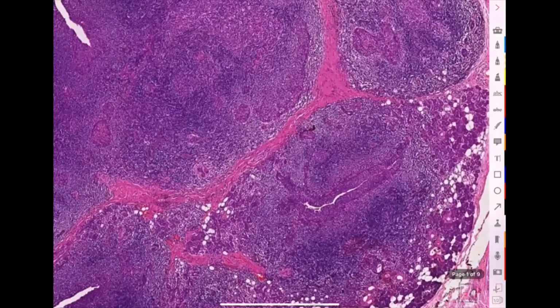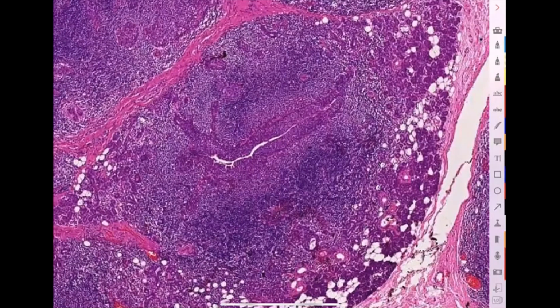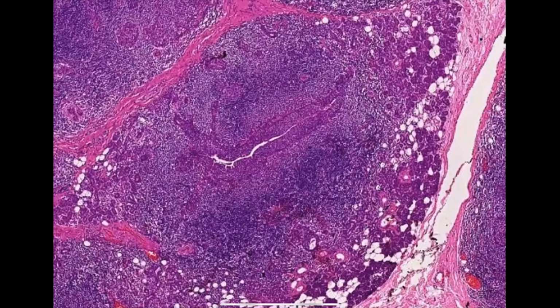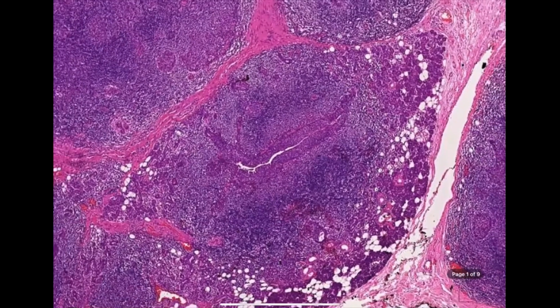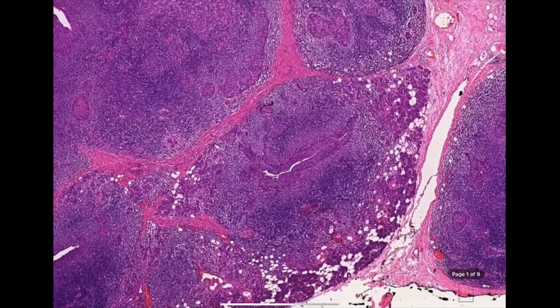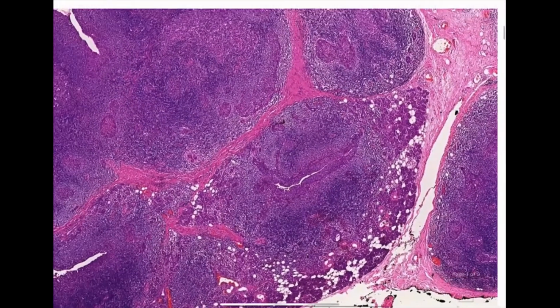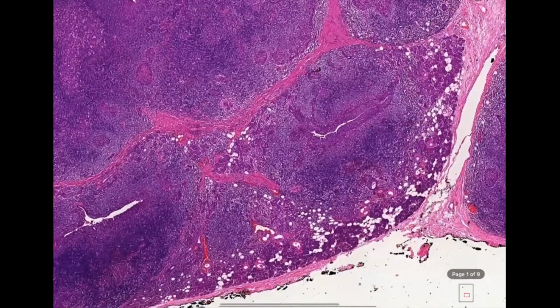Right. Let me now close up on the field here a little bit and try to show you what we are looking at here. So can we take the lymph node out of the equation?